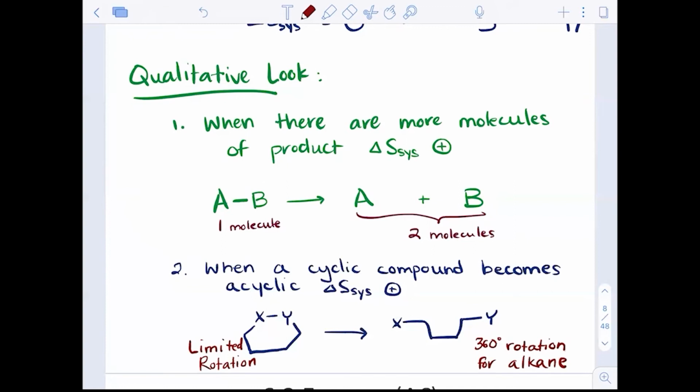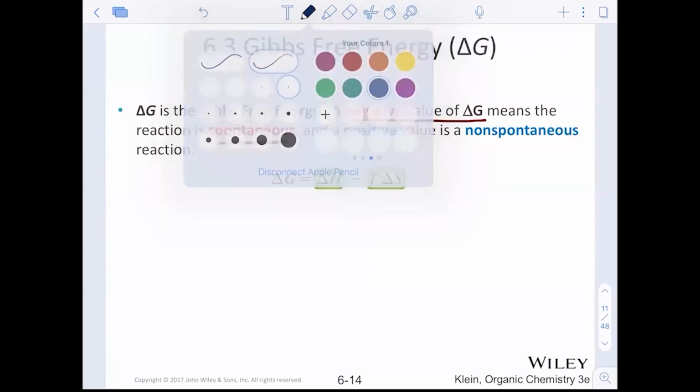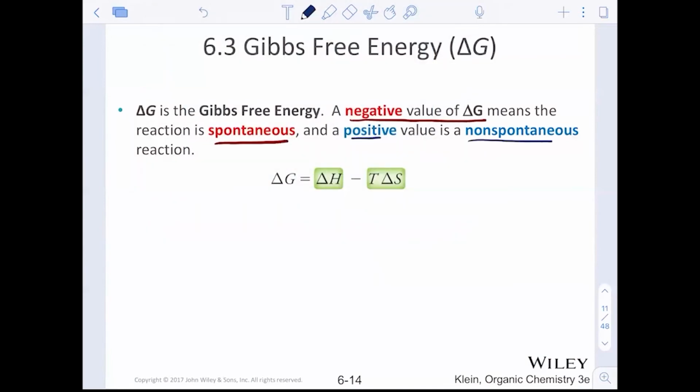All right, next is delta G, Gibbs free energy. So a negative value for delta G means that the reaction is spontaneous. A positive value for delta G means that the reaction is non-spontaneous. And so enthalpy is important and entropy is important.